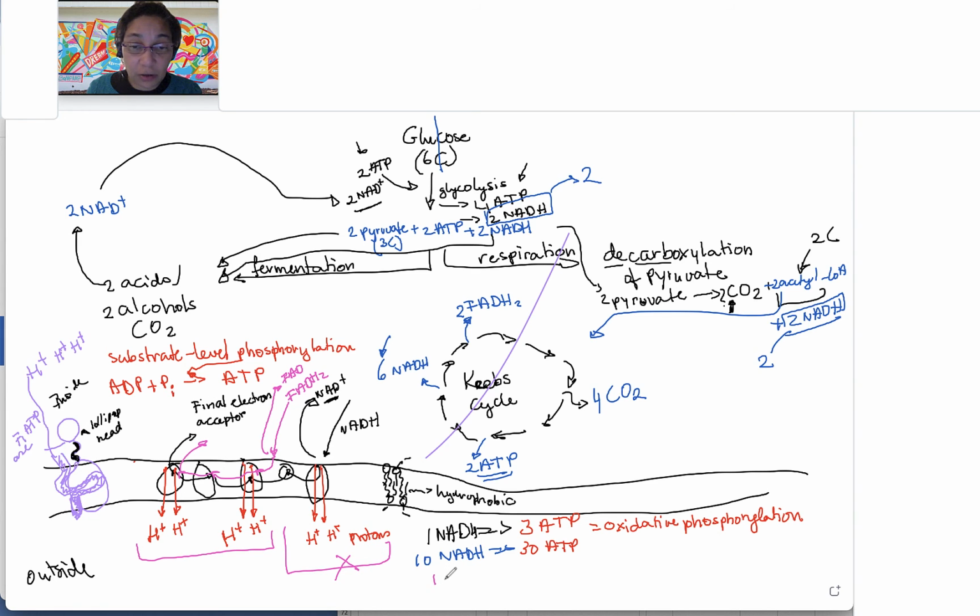So as a result, for every FADH2 that donates electrons here, I can get 2 ATP and not 3. And I made 2 FADH2 in the Krebs cycle, right? So they give me a total of 4 ATP. Right?